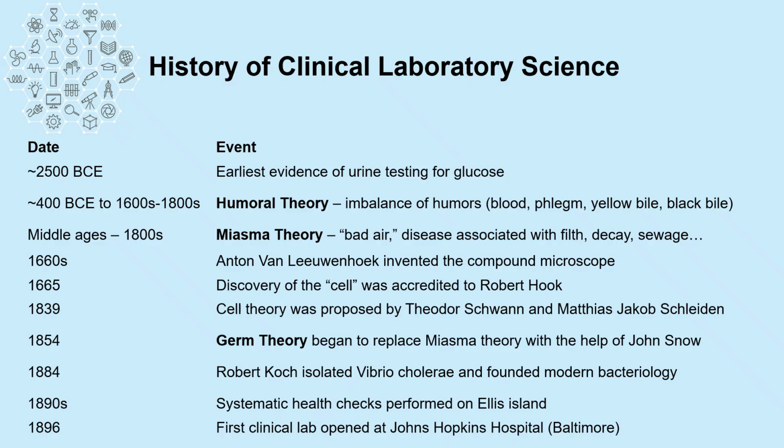When we had too much or too little of one of these humors, that was the cause of human disease, which of course we know is not true. Then, overlapping around the same time, from roughly the Middle Ages to the 1800s, we began to think that bad odors or bad smells, or miasma, must be the cause of human disease.